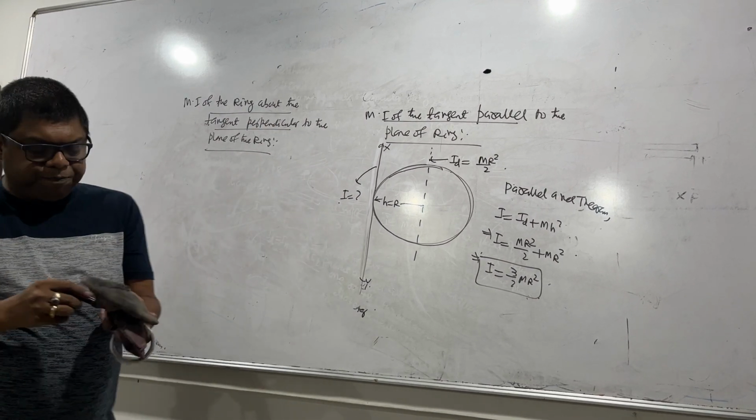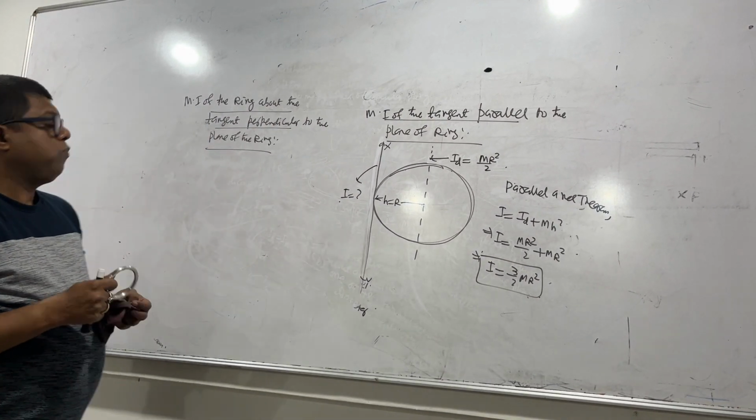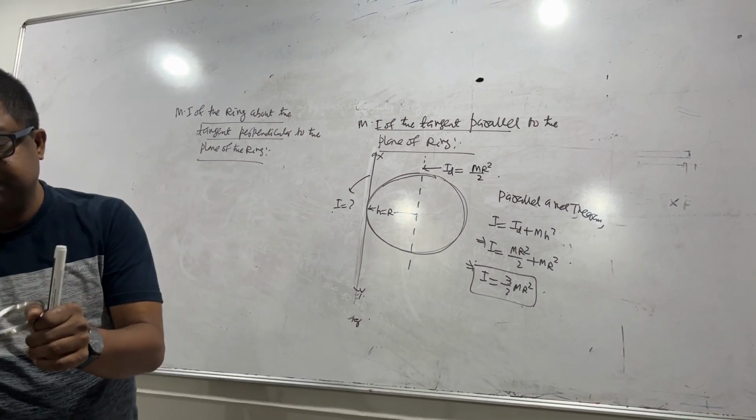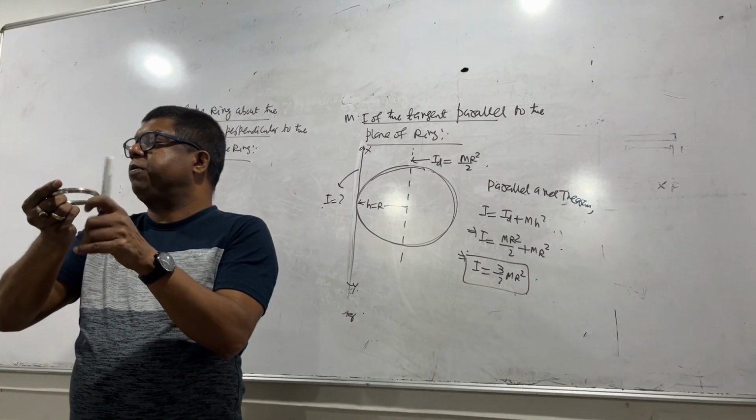This is the tangent perpendicular to the plane of the ring. This is the parallel axis, and this is the axis perpendicular to the ring.